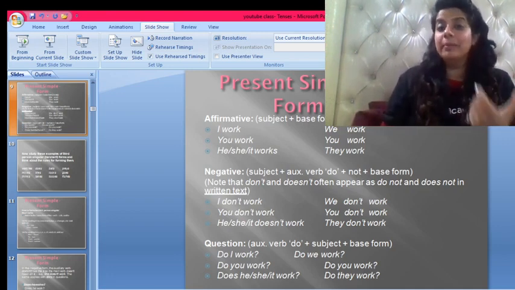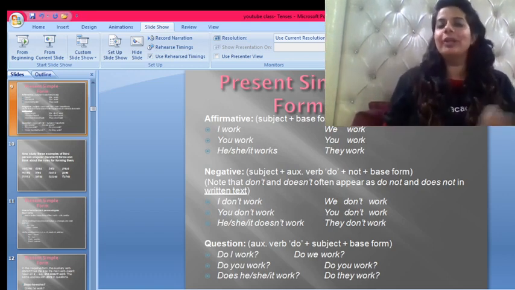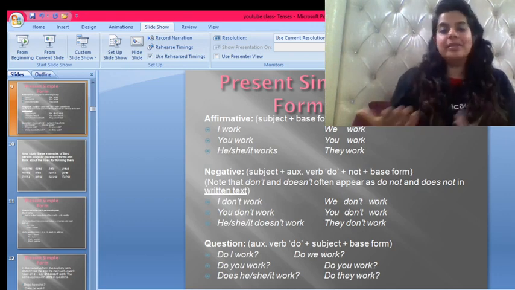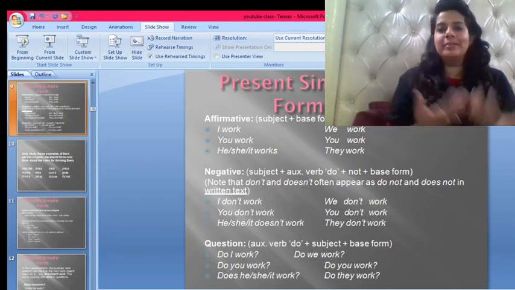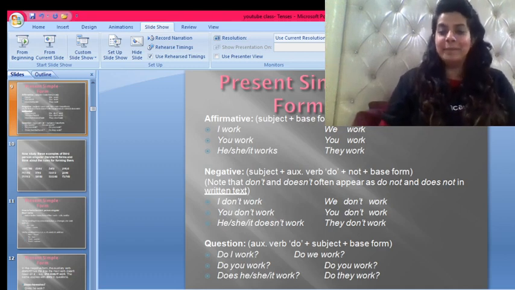That is our helping verb. We also call them auxiliary verbs. You must have read this word many times in different grammar books. So auxiliary is the same as helping verb. Helping is actually a simpler word. It's a synonym for auxiliary, okay?